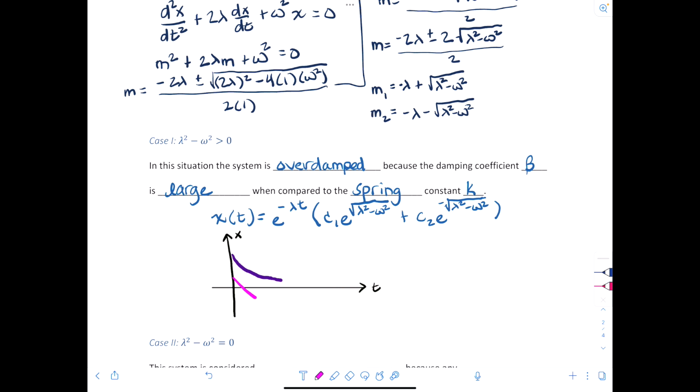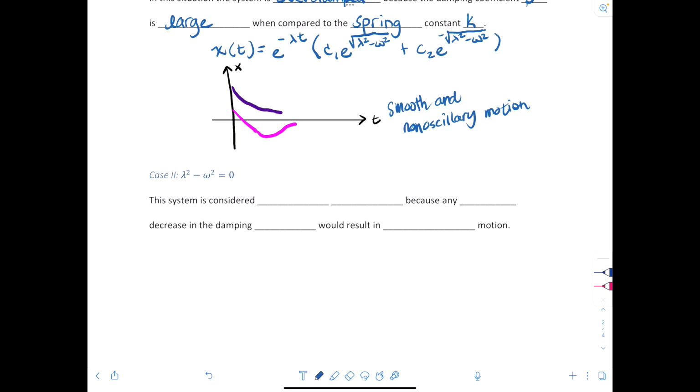And remember, this represents smooth and non-oscillatory motion.